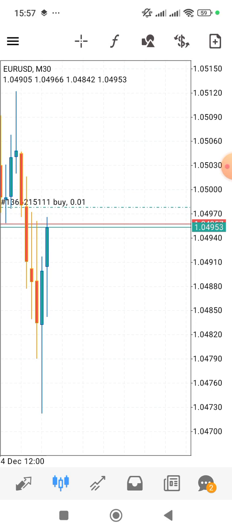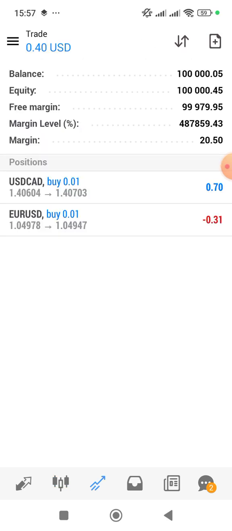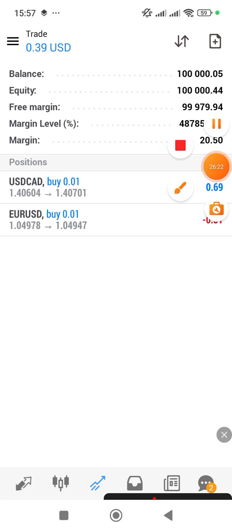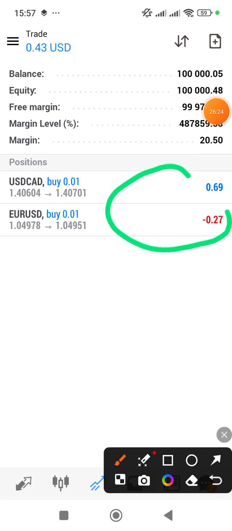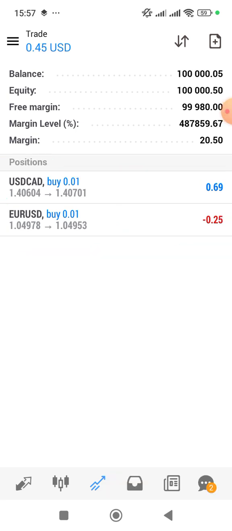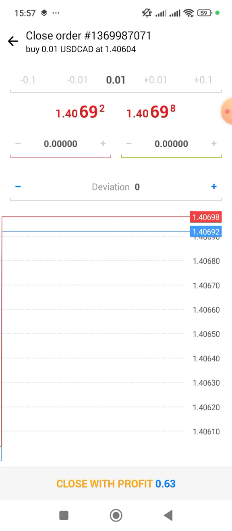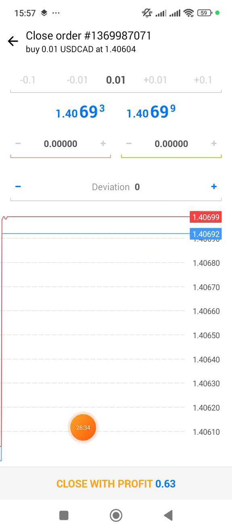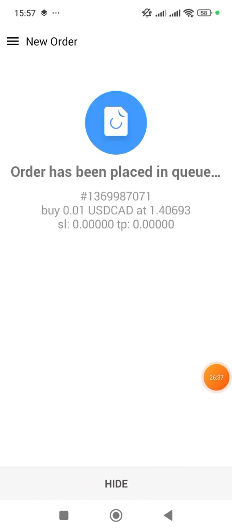So the next thing you have is equity. Equity is the balance on your trading account plus your floating trades. Are you seeing these trades that are on? I have not closed them. It's still moving. Let me close this one.